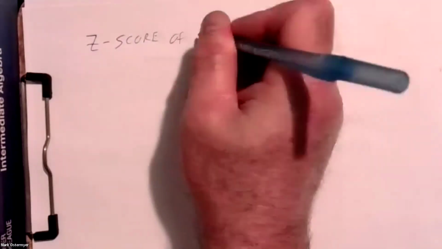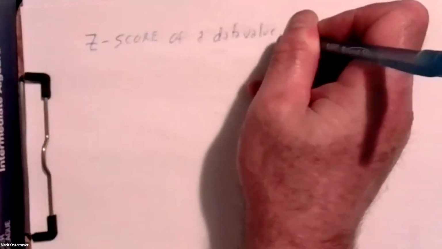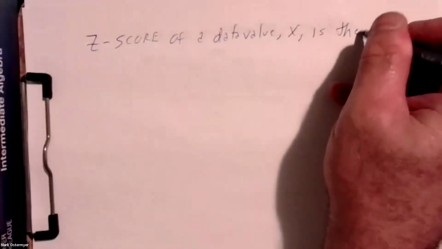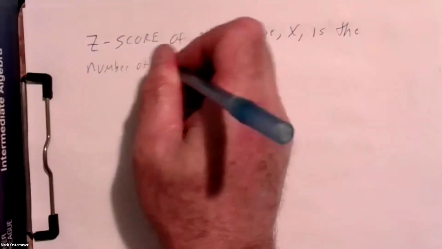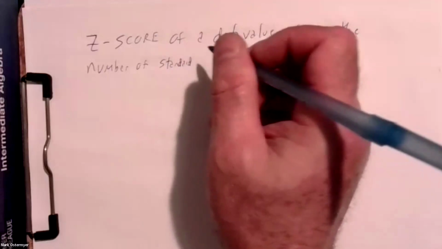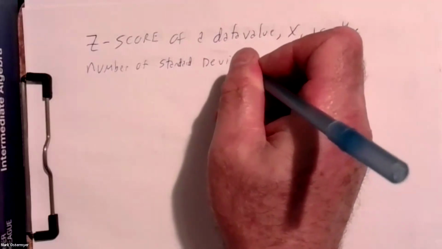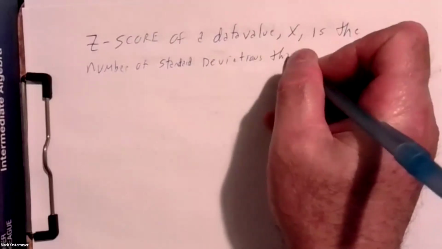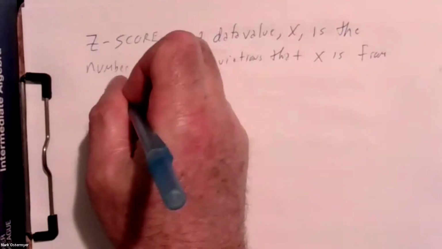A z-score of a data value x is the number of standard deviations that x is from the mean.